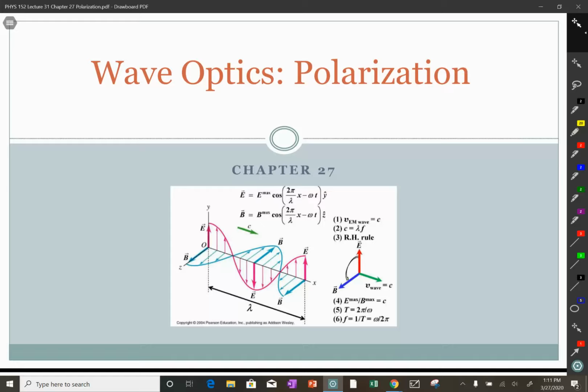The point of chapter 27 is to show that light behaves as a wave. So we saw from last lecture, we had interference between light waves.